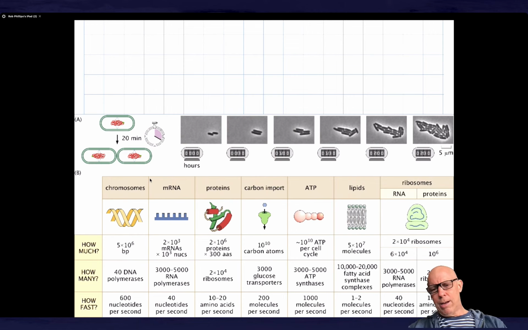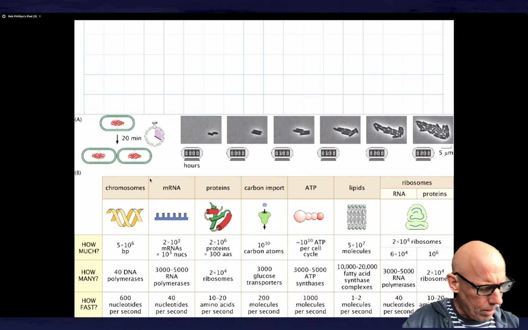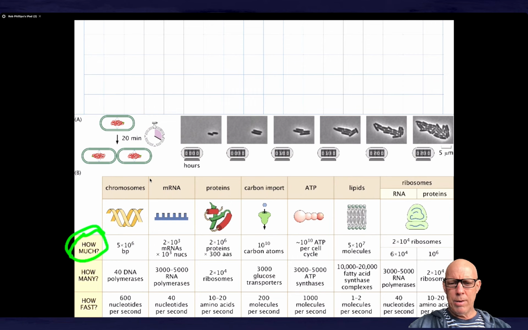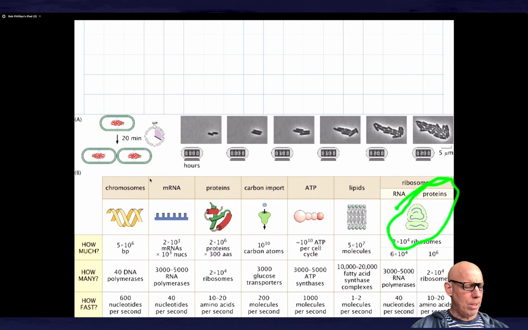It's kind of neat because we show how much there is to copy or to make, to synthesize. We talk about how many machines there are that are available to do the task, and we comment on how fast those machines do their respective tasks. And so, the upshot of all of that is, as I said before, that we end up concluding that somehow it's the ribosomal proteins that are really the hypothesized rate limiting step.